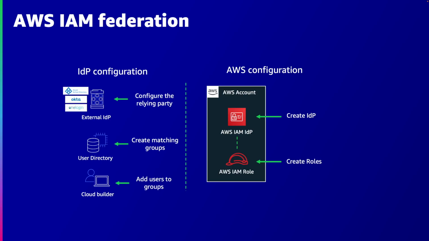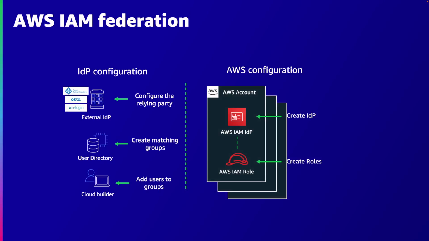The key thing is that if you have multiple accounts within your organization, you need to repeat this IAM identity configuration and role configuration across those accounts, which is the heavy lifting that you need to duplicate across the board.